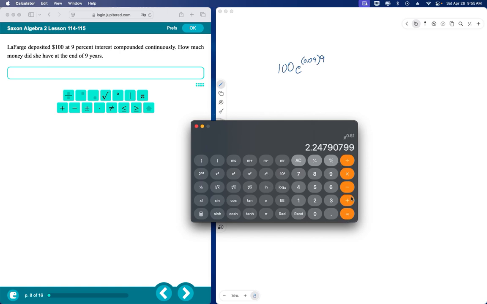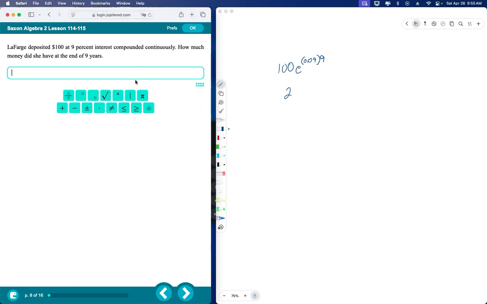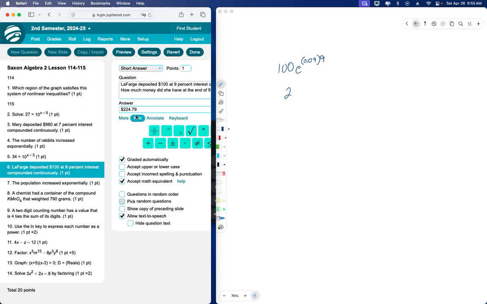Okay, that equals that. Times $100. Hang on, I think we're supposed to round. So E^0.81 equals 2.25. 2.25 times 100 would be $225. Let's see if that's right. No, of course not. 224.79, which is what we got before.